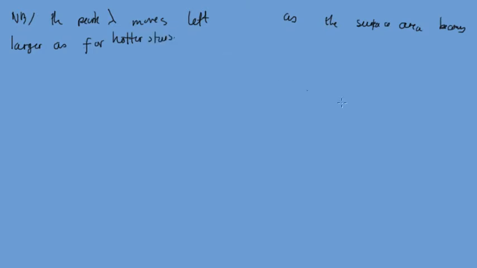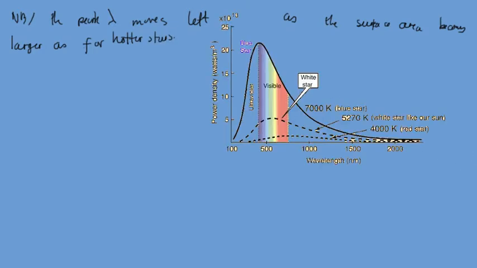Now I'm going to show you this. So this is the curve for different stars. With this one here, you've got the high peak wavelength here. This is a blue star, a star that's going to have a really hot surface temperature.